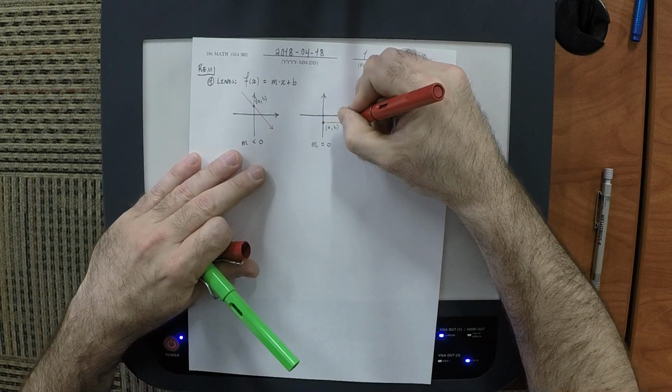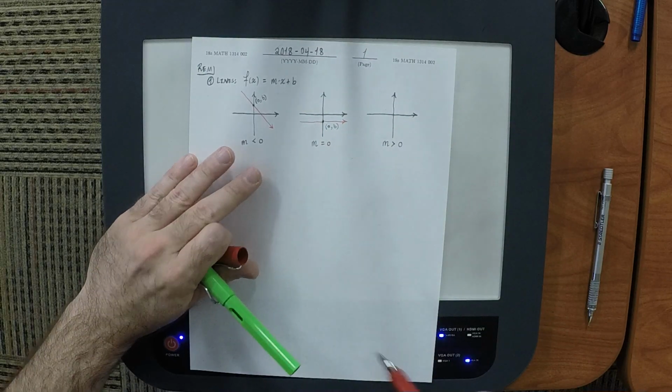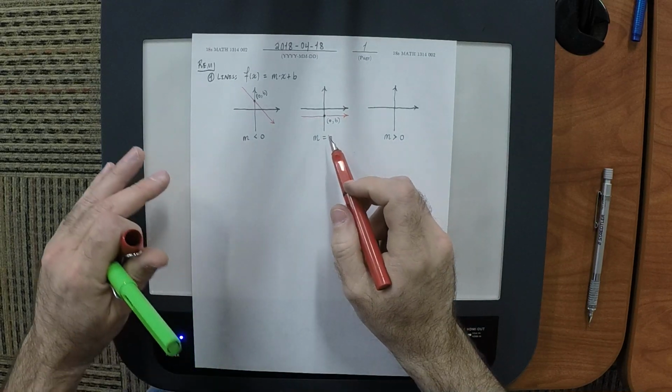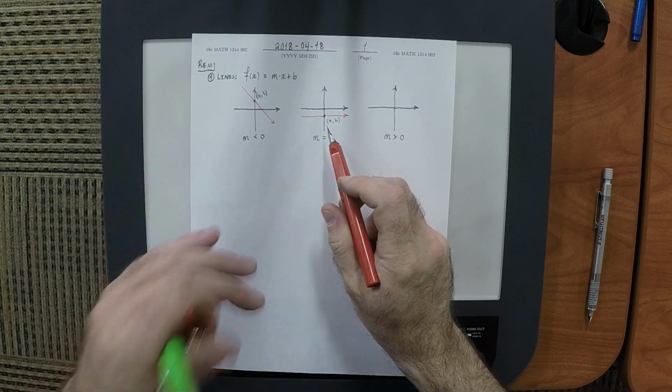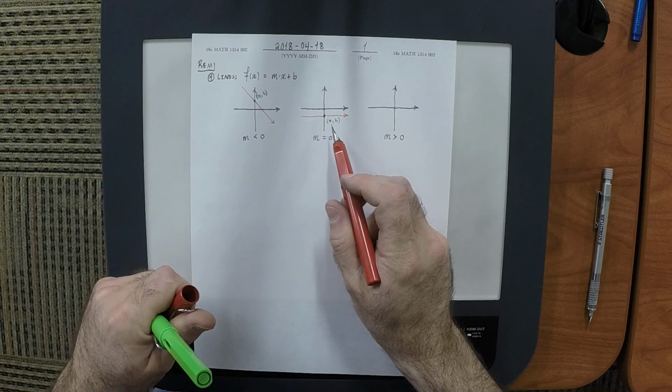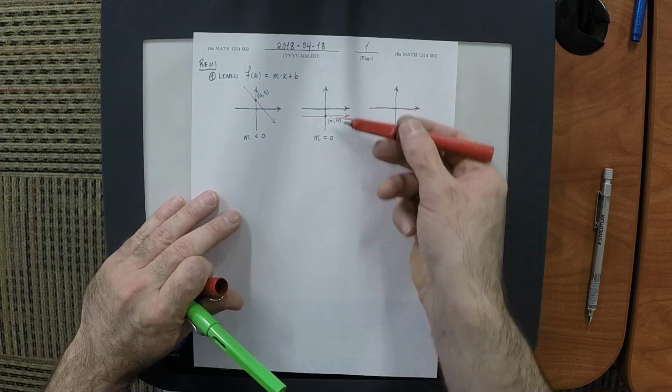Of course, this is a different b than the b on the left. So again, because we didn't draw a scale, you can't tell me the exact value of b, but you can tell me the sign of this b. It's negative because it's on the negative part of the y-axis.